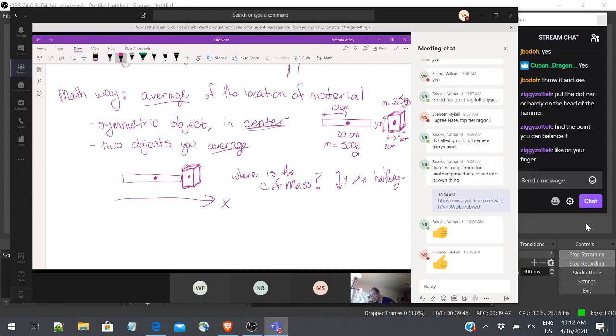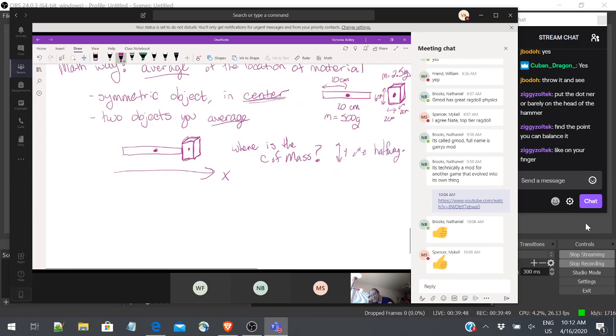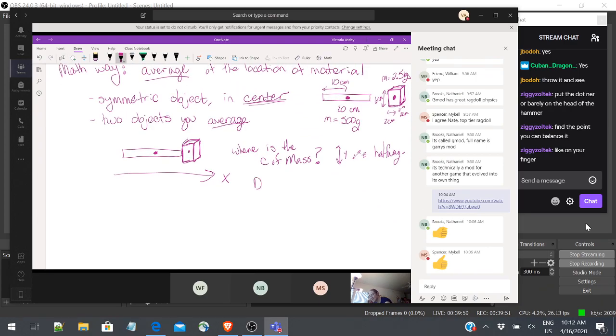How do we find it? So what I can do, I get to decide where 0 is. x equals 0. Usually you put it at one end. If you put it at the center of mass of one of the objects, it doesn't work. So you can put it anywhere.